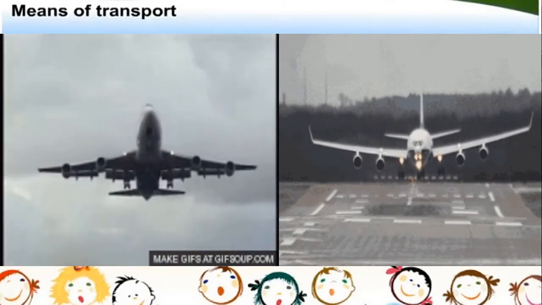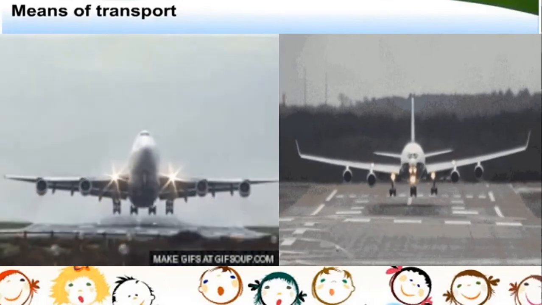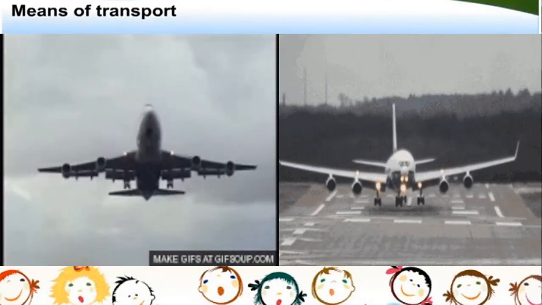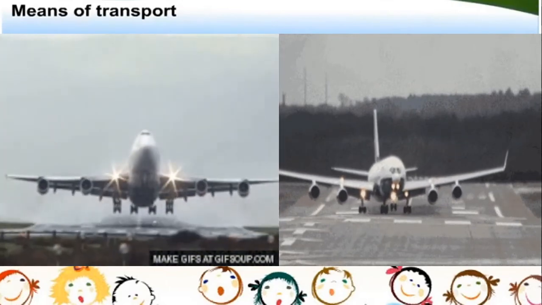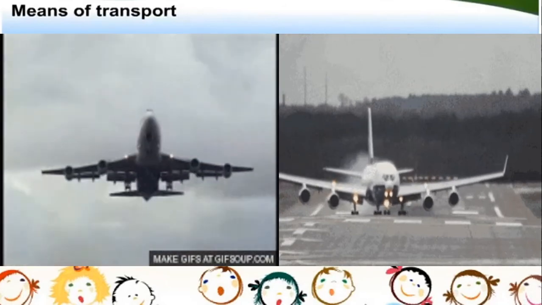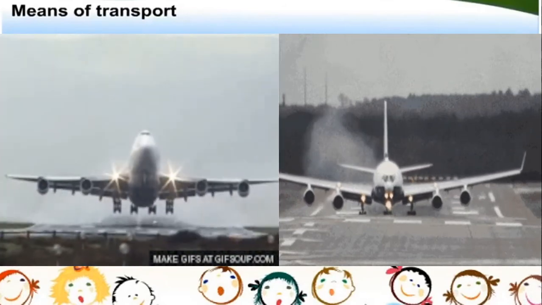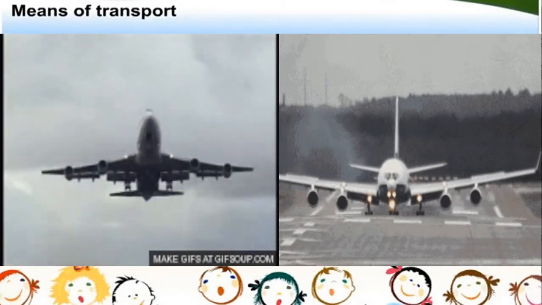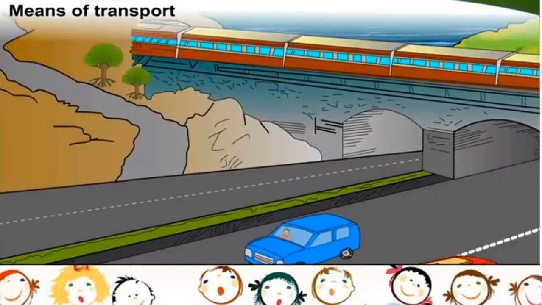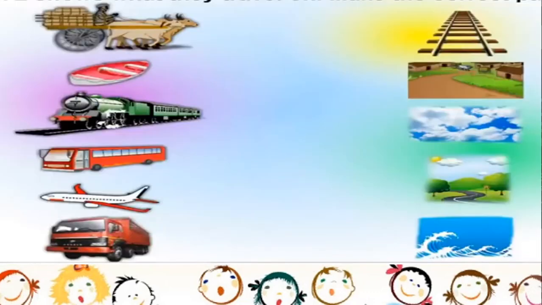Like a bird, it flies off and it comes and lands down. So this is also a modern means of transport used by people in cities. So these are all the means of transport which people in cities use: aeroplanes, cars, trains, buses, etc.